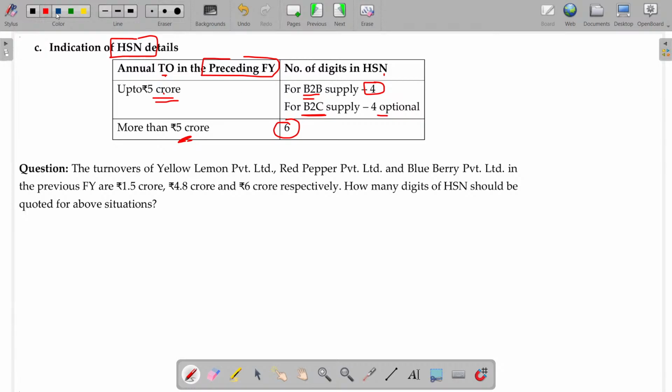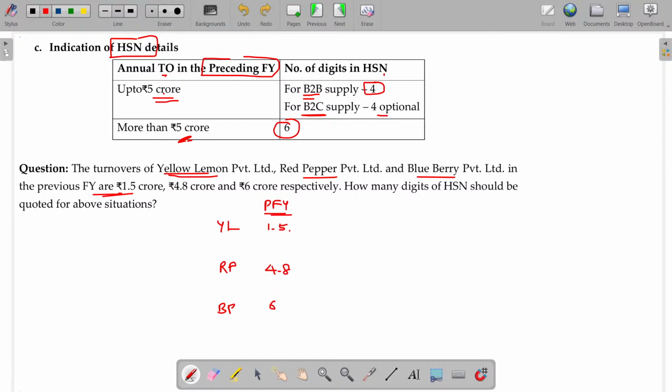Now, the turnovers of Yellow Lemon Private Limited, Red Pepper Private Limited, Blueberry Private Limited in the previous financial year being 1.5 crores, 4.8 crores and 6.8 crores.